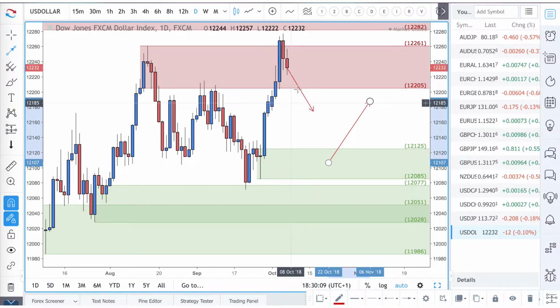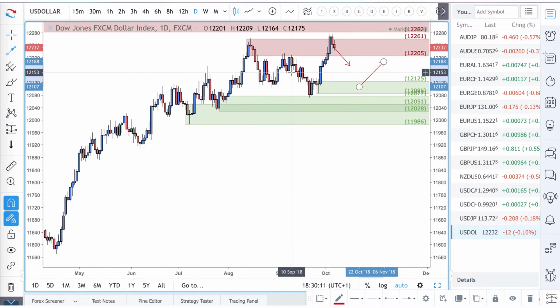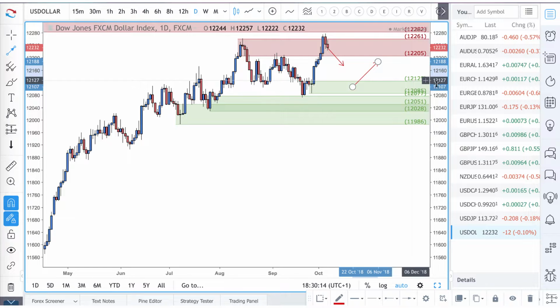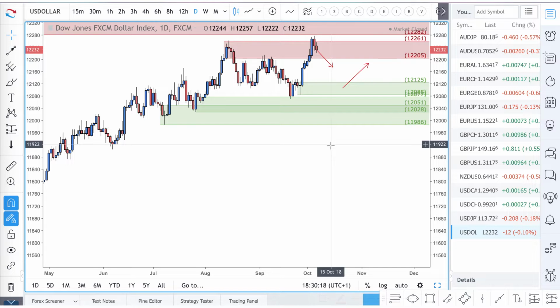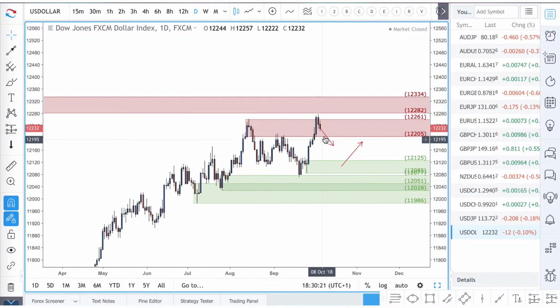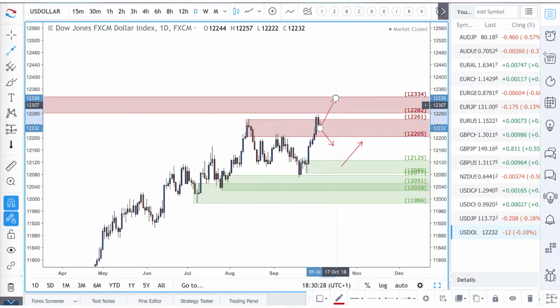If we do get higher highs being made, so if you zoom out a little bit, we've got a supply zone above, but if we do get something like this week, bullish candles above, then this becomes a demand zone, and then we can get rid of this supply zone, and then we're waiting for a trade to come back down into this demand zone that is created before looking at getting long, right?